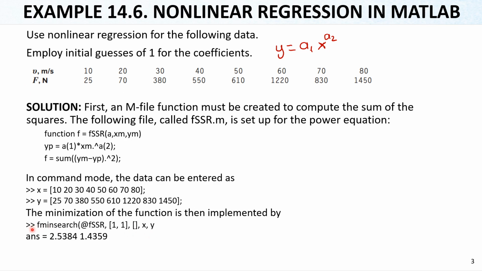When you press enter after this, it will solve it in an iterative procedure and give you the results. Basically it means that we have y equals 2.5384 times x to the power 1.4359. So we obtain this nonlinear function which is fitted to the data here.